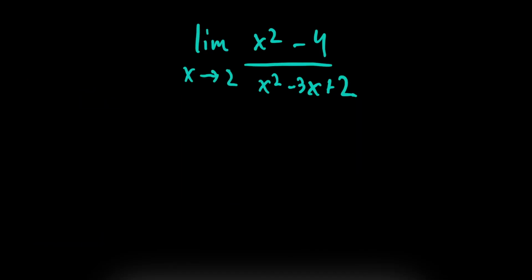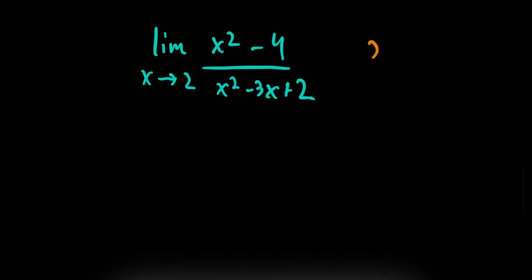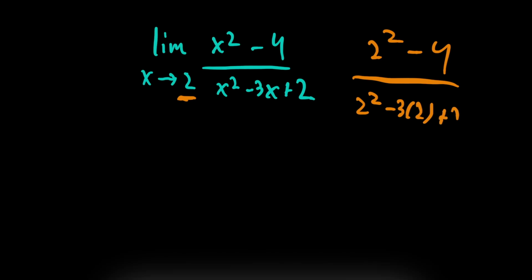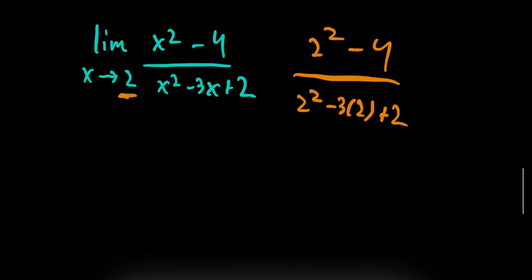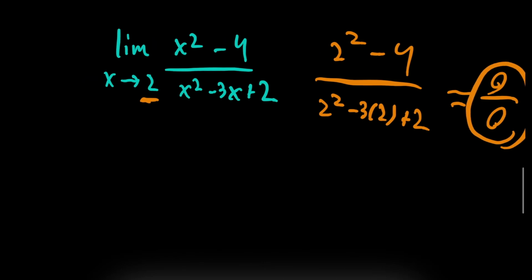Let's try an example with a rational function over here. If we were to evaluate this at x is equal to 2, we would get 2 squared minus 4, which you probably already know is 0. 2 squared minus 3 times 2 plus 2 in the denominator is also equal to 0, so you would get an expression of 0 over 0, which means we can apply L'Hopital's rule.